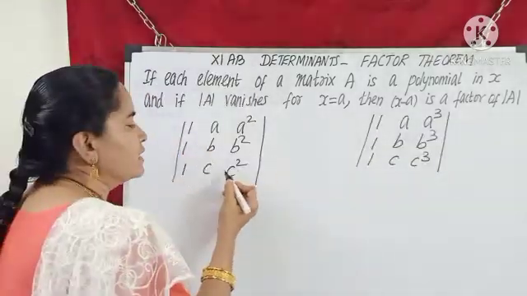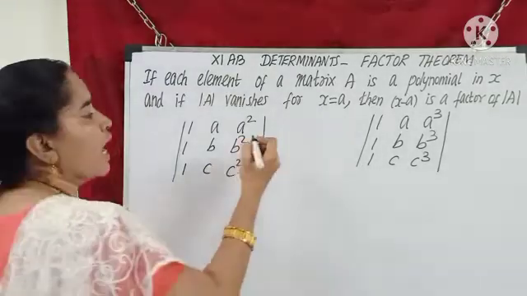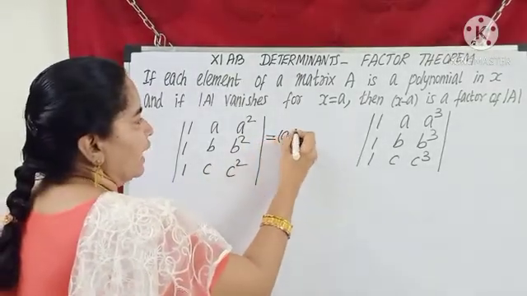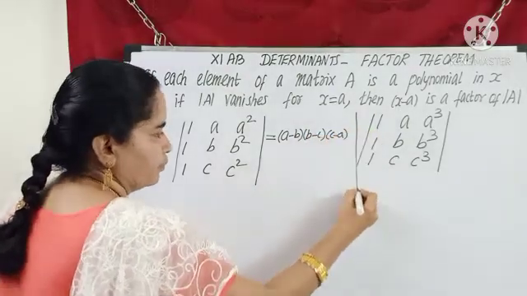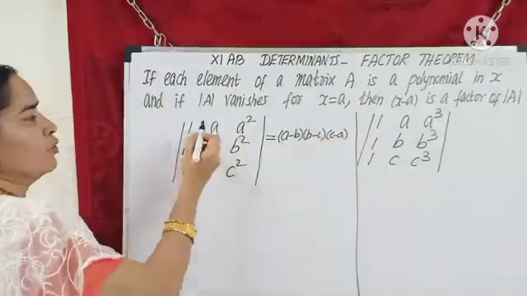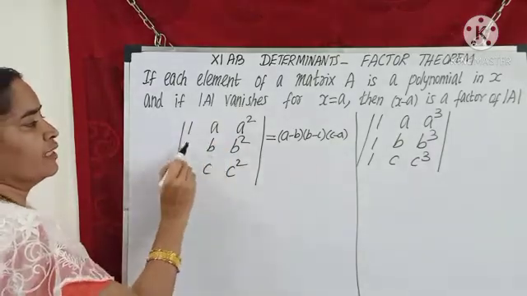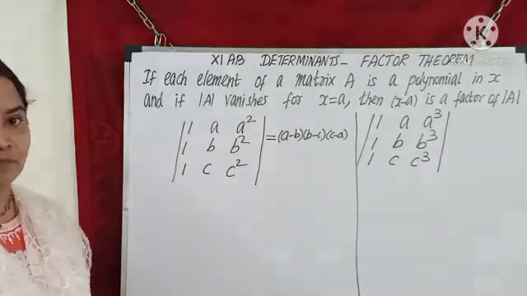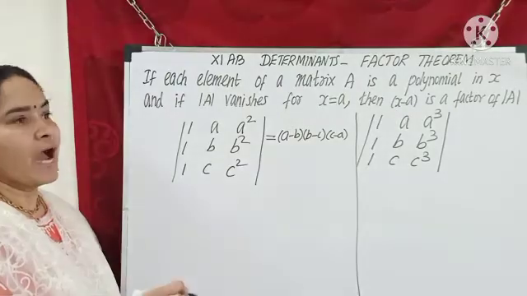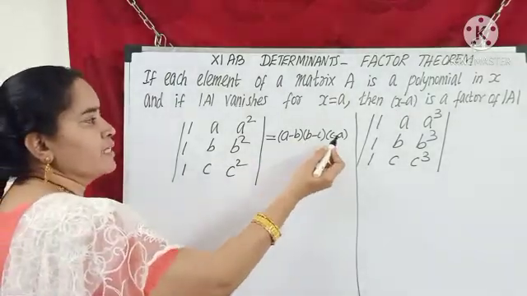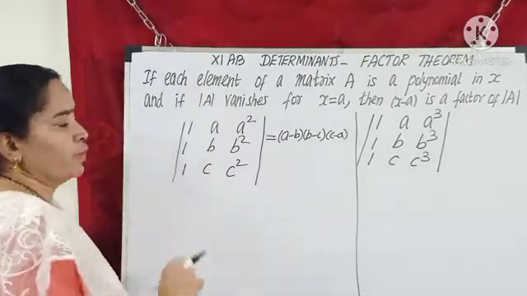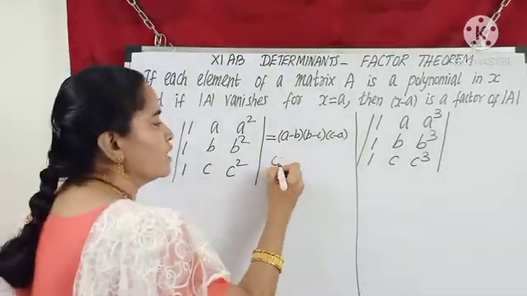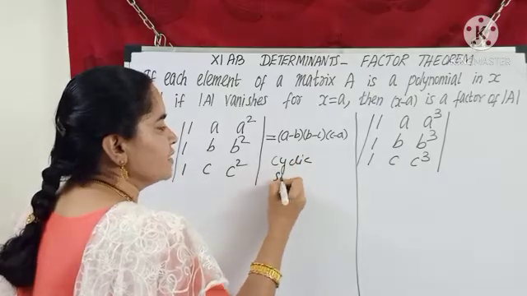Look at this example. RHS will be a minus b, b minus c, c minus a. As I put a equals b, I will get R1, R2 identical. In the same pattern, I can check b minus c, c minus a are identical. This type of problem, I can use the word cyclic and symmetric.